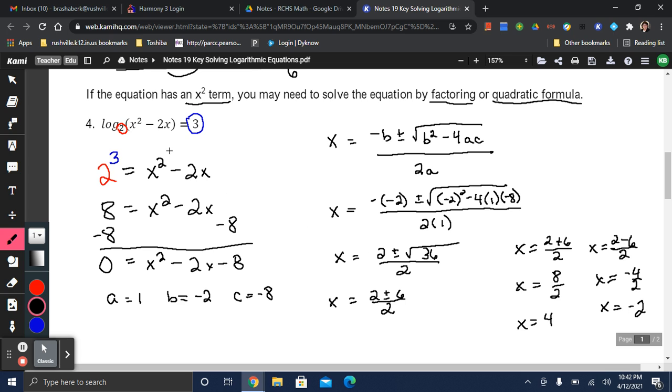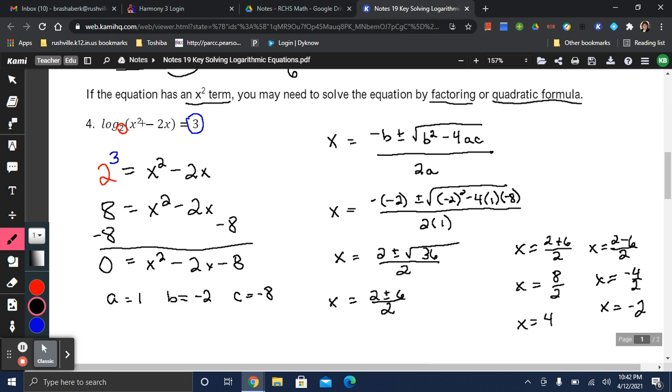Now, something you have to be aware of, your argument cannot equal a negative number. So you do have to check, especially if you do get a negative. Here, if I do -2 squared, I get +4. And then -2 times -2, I get another +4. So that makes 4 plus 4, 8, and that's okay.